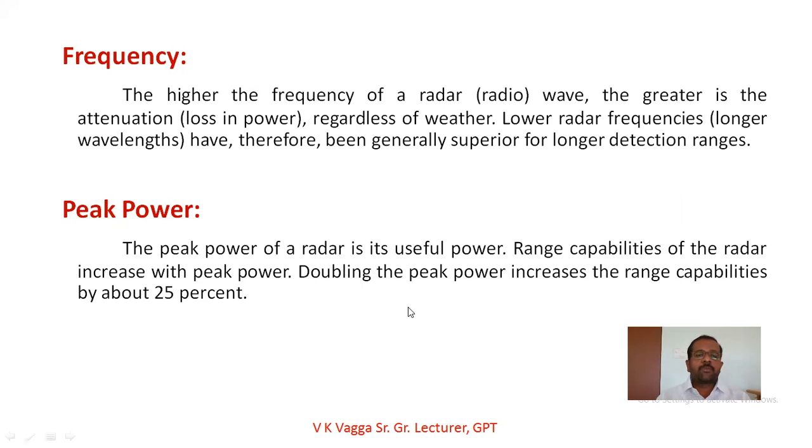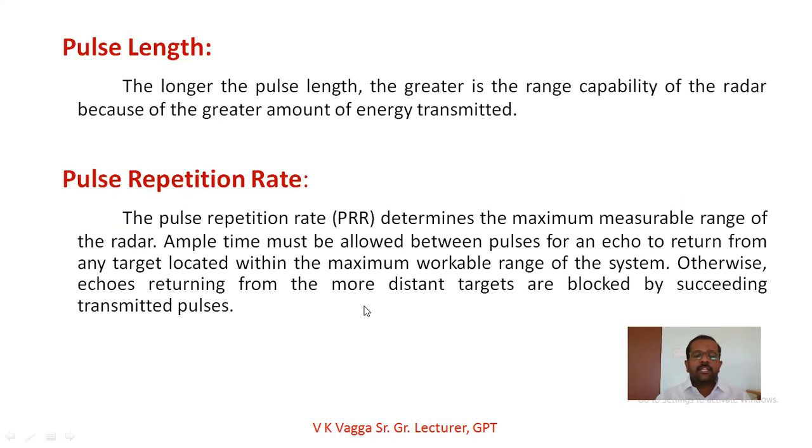Another one is the pulse length. The longer the pulse length, the greater the range capability of the radar, because of the greater amount of energy transmitted. Obviously, increasing the pulse length is going to increase the range here.